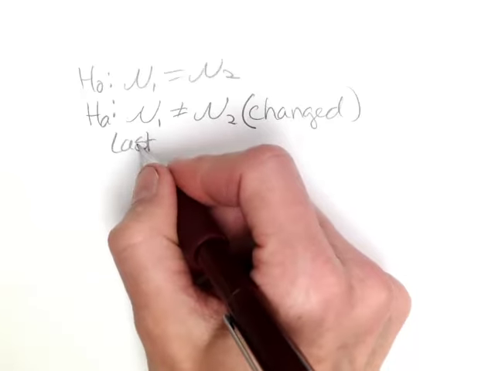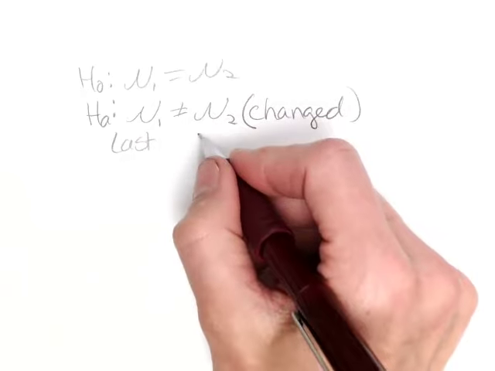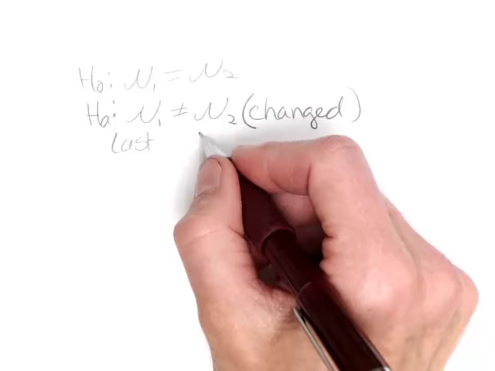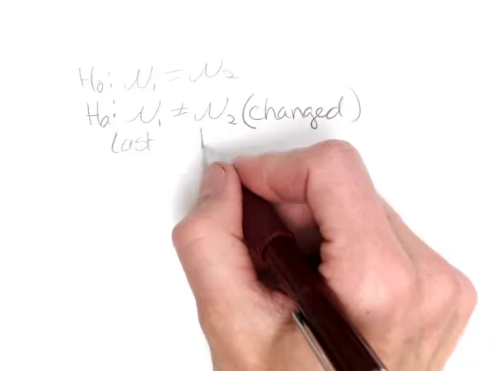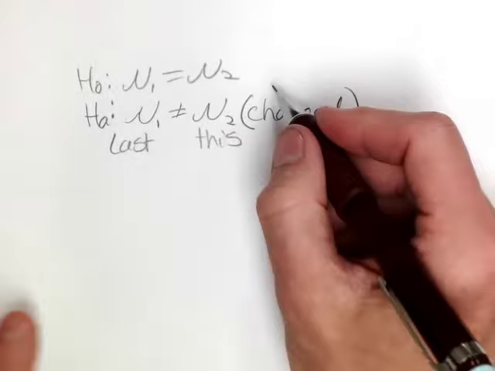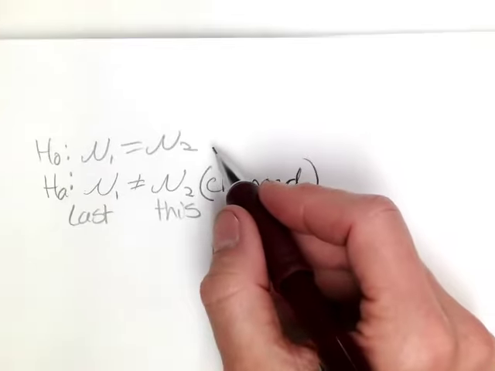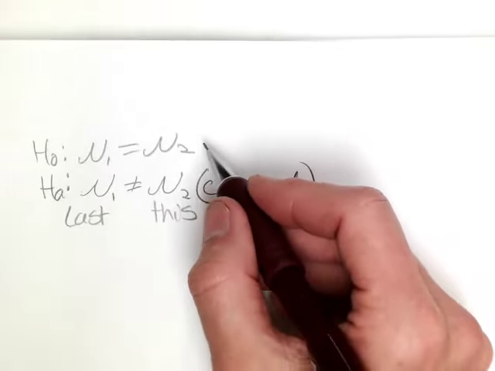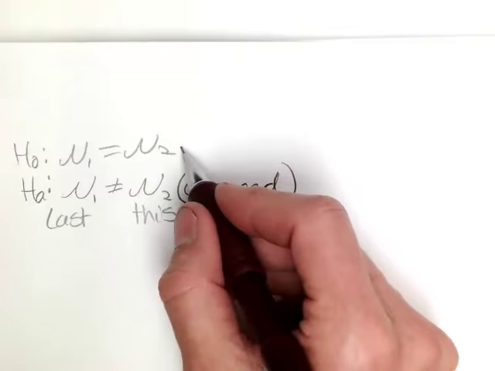We're going to let mu sub 1 represent last year's ratings and mu sub 2 represent this year's ratings. Remember, this paired t-test reduces to a single t-test on mu sub d by subtraction.